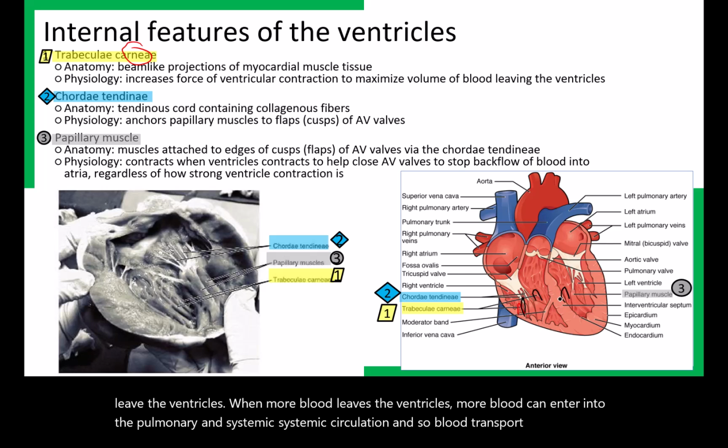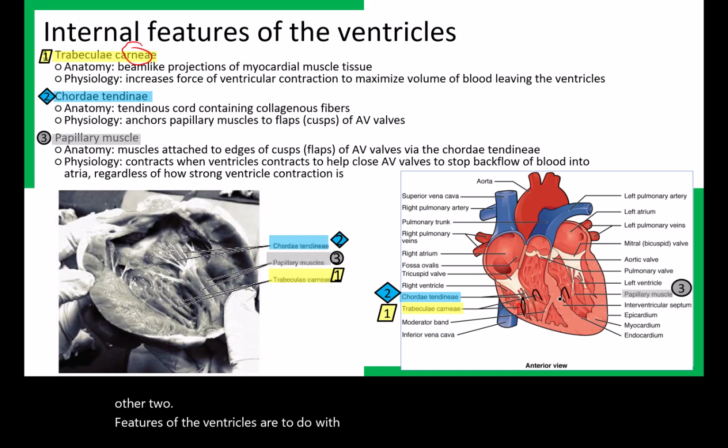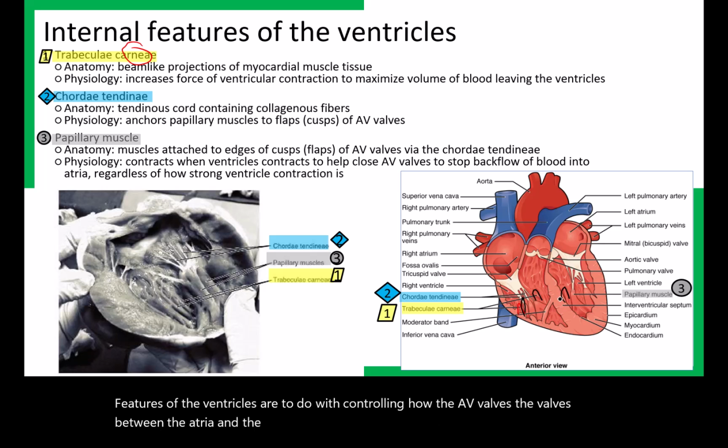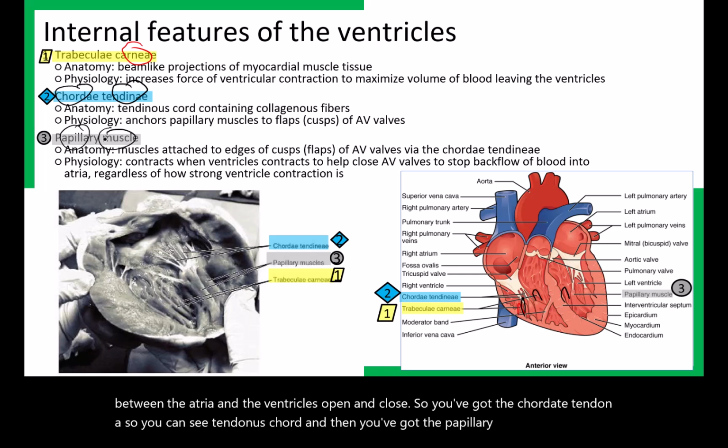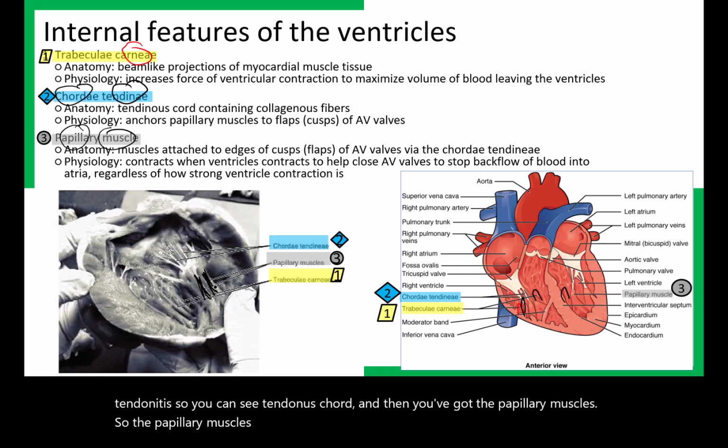The other two features of the ventricles are to do with controlling how the AV valves, the valves between the atria and the ventricles, open and close. So you've got the chordae tendineae, so you can see tendinous cord, and then you've got the papillary muscles. The papillary muscles here are attached to the AV valves through the help of the chordae tendineae.